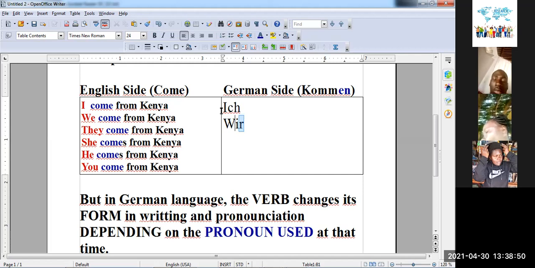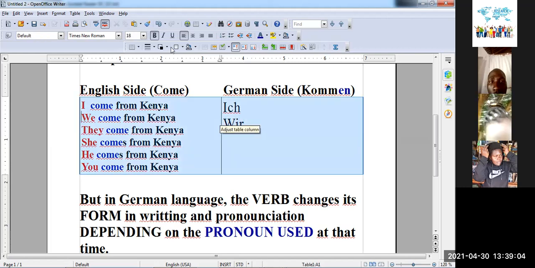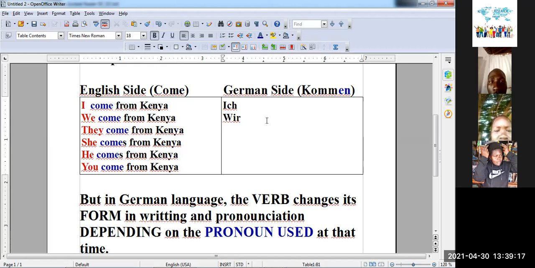I'll use the same font, 18, and bold. So: I, ich. We, wir.